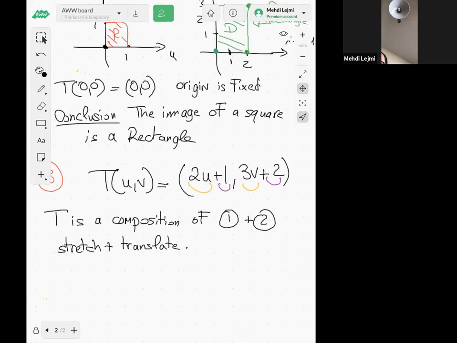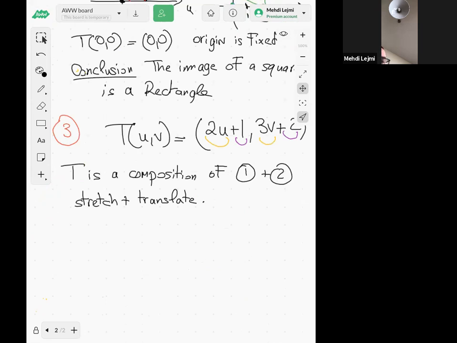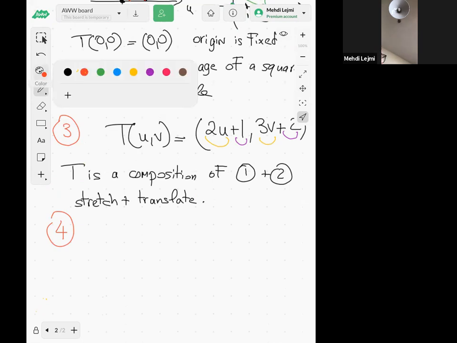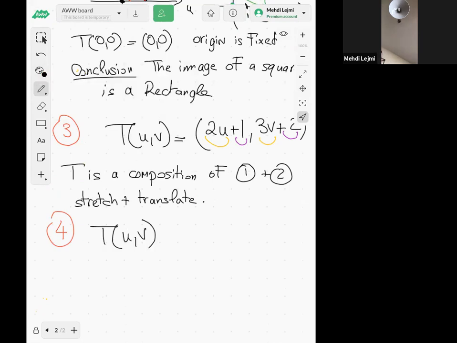Now, in example number 4, the last example, and then I will give you a very general statement about these transformations, I'm going to have T of (u, v) equal to (u plus v, u minus v).